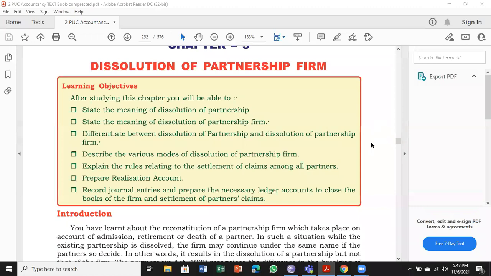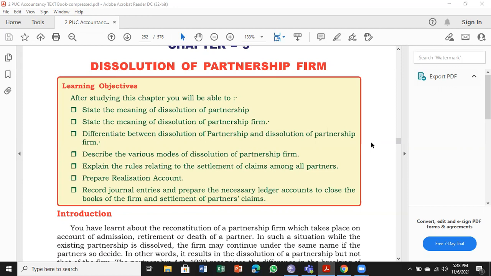Dissolution of partnership firm is a very important chapter for the final examination of second PUC. You will usually have one 12 marks question, which is definite to appear in the examination. It is also quite easier compared to many other topics to work in the examination and get 12 marks out of 12 marks.